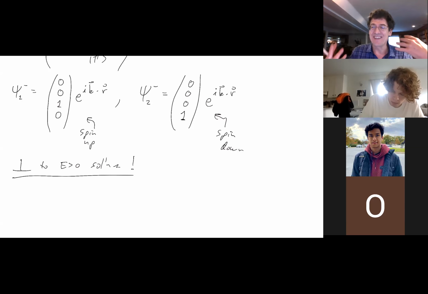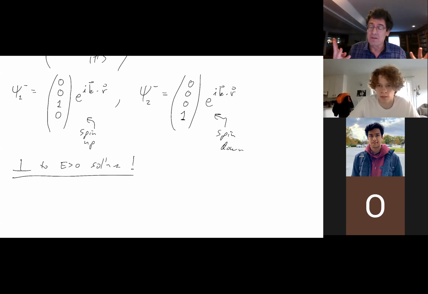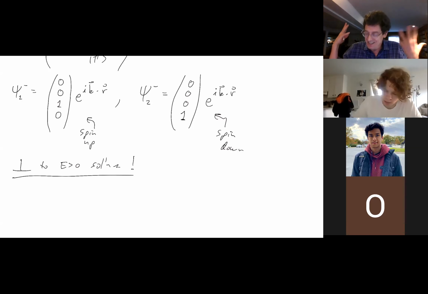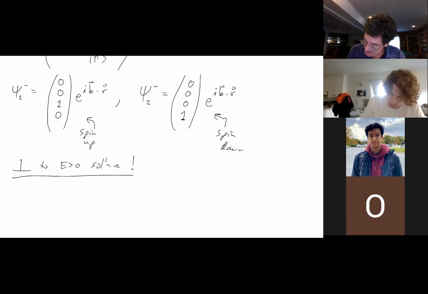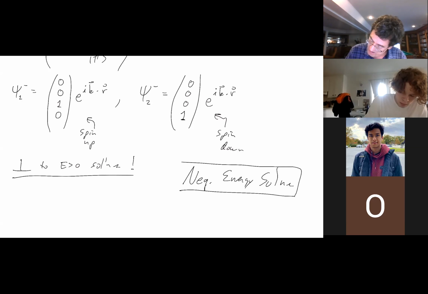So I have negative energy spin up and negative energy spin down. The math is very simple and very obvious.